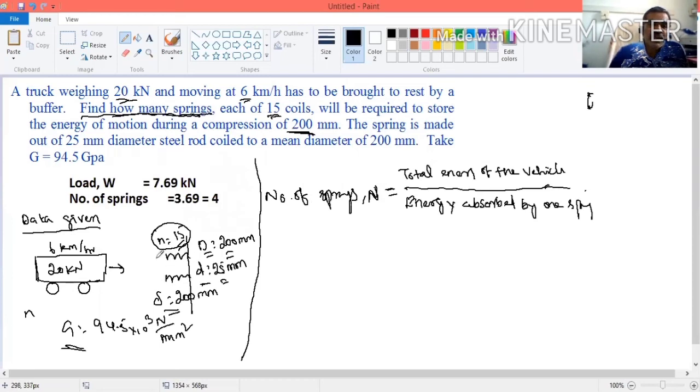If you know how much energy can be stored by one spring, then you can calculate the number of springs.